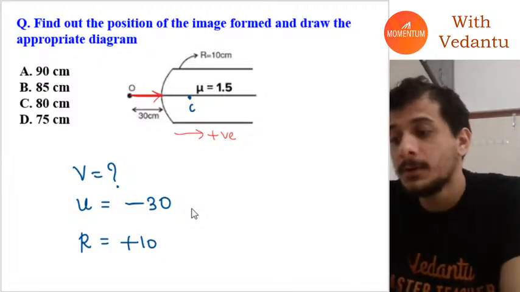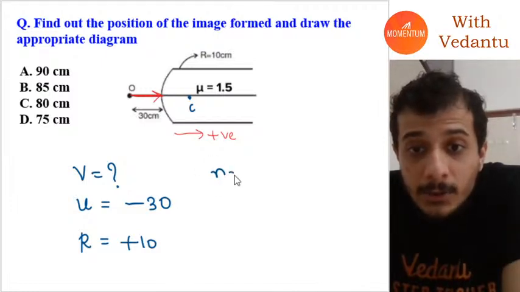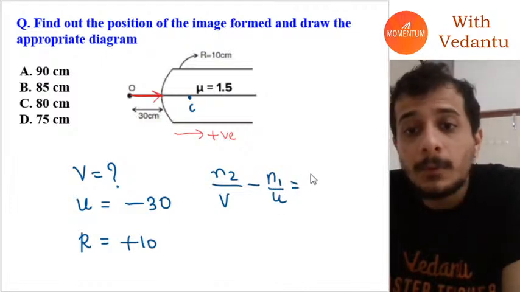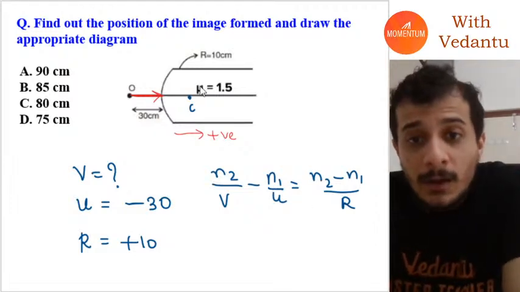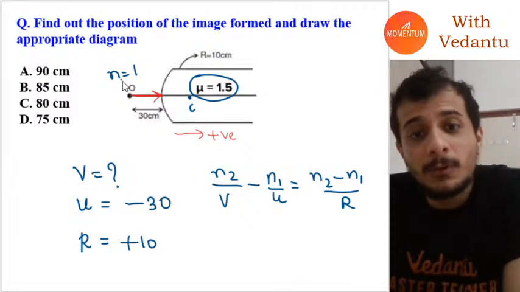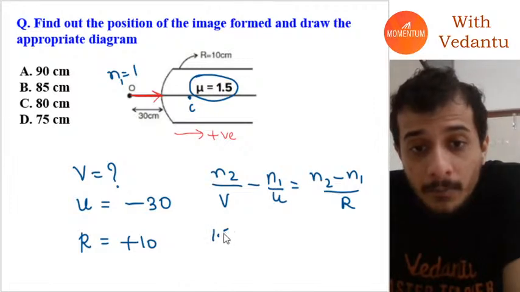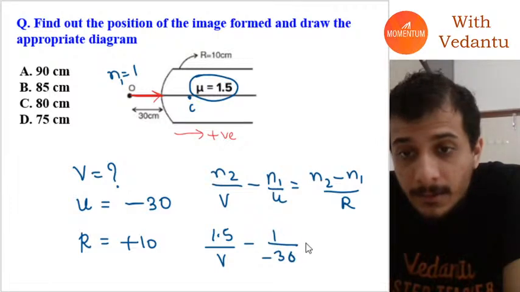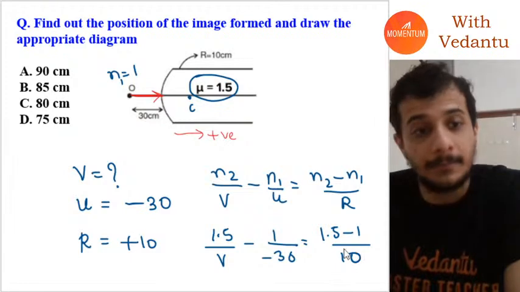Okay, so using this, I can write n2 by v minus n1 by u is equal to n2 minus n1 by R. Substitute the values, guys. Nothing is given for n2 and n1, so I will just assume that it is air. So I will write 1.5 by v minus 1 by minus 30 is equal to 1.5 minus 1 by 10.